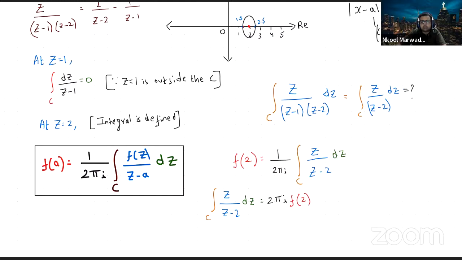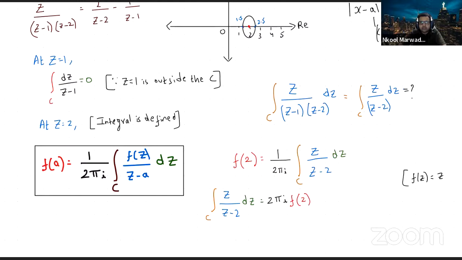Okay. So see, if we correlate this formula with the form, you can see here, I will write this. F of z is equal to z. The numerator, let me highlight it.